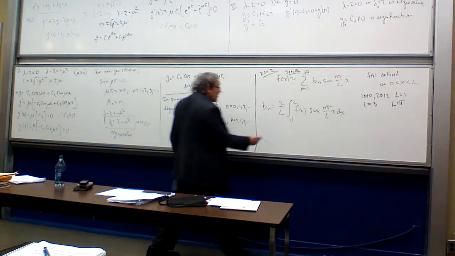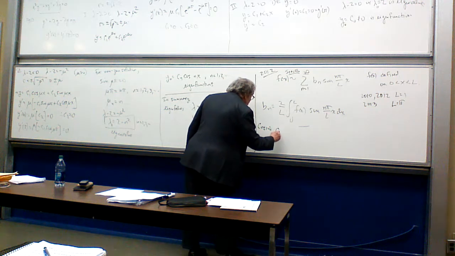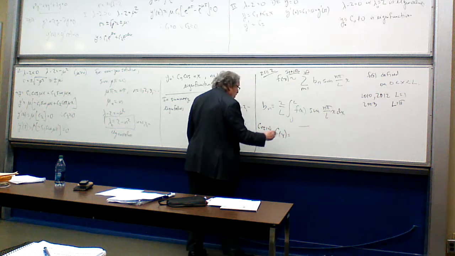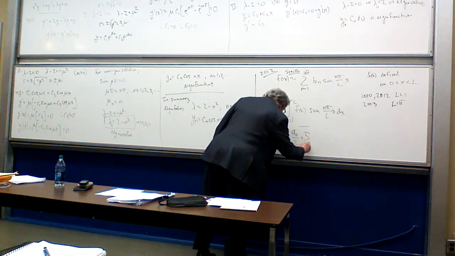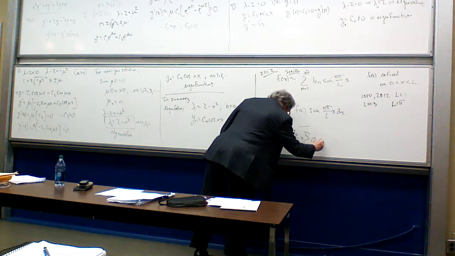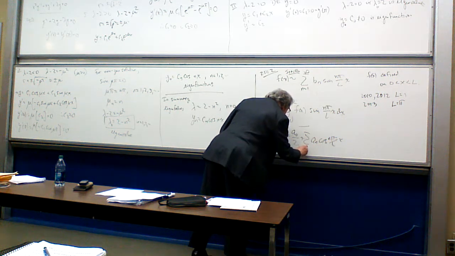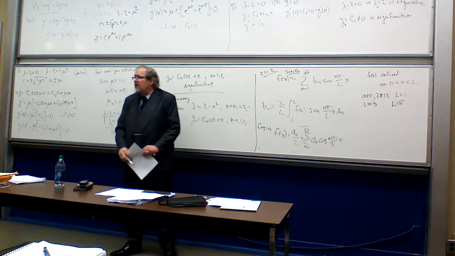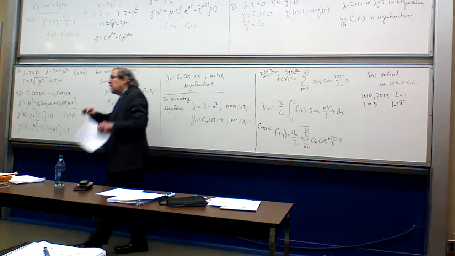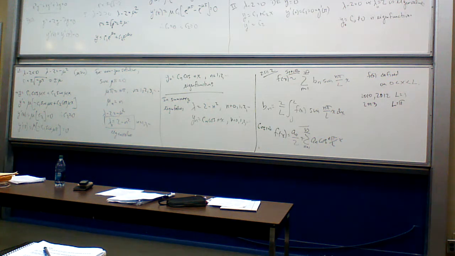The one thing about the cosine series, the way I remember it, is that the constant term has a factor of 1/2, and then the integral is exactly the same formula for all values of n.